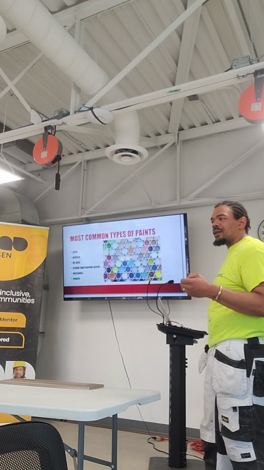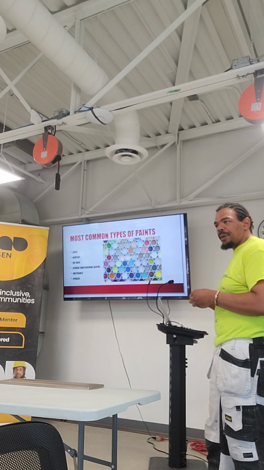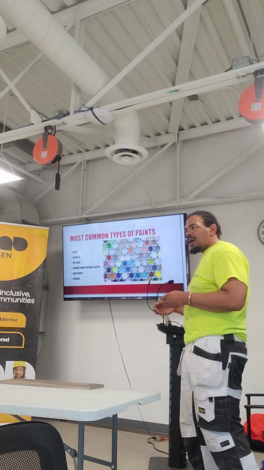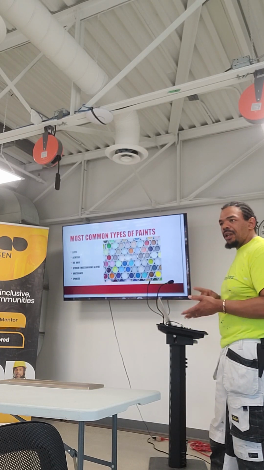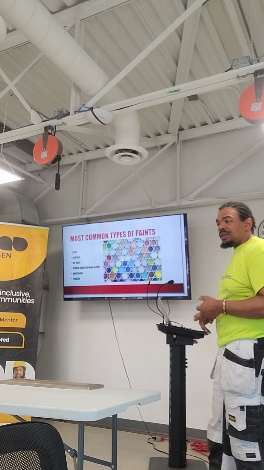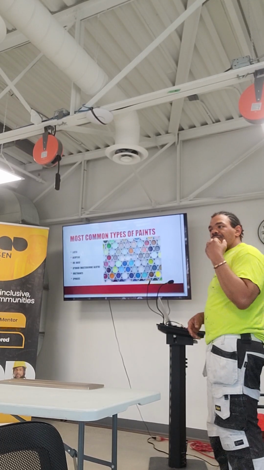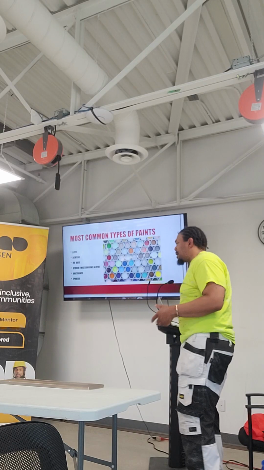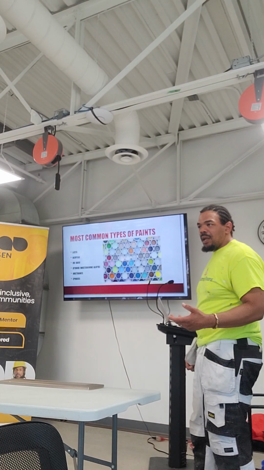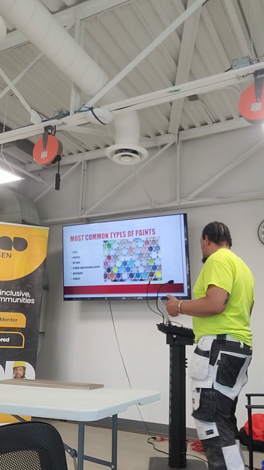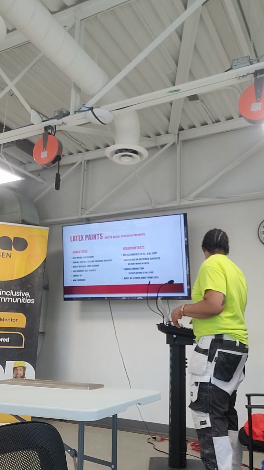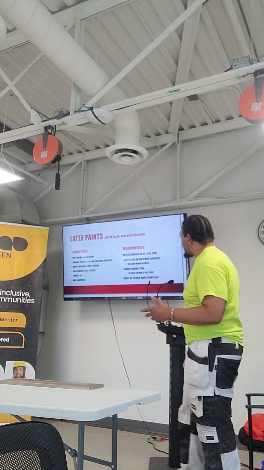They figured out a way to combine oil and water-based paints together. So you have a paint that washes up like a water base, but it dries, lays down, and performs like an oil. That was a revolutionary thing about 15, 20 years ago when they started designing that. Then you have urethanes, and then you have your epoxies. We'll walk through some of these, and some of these we might not get to, I'm not sure, we'll see. Okay, so latex paints.